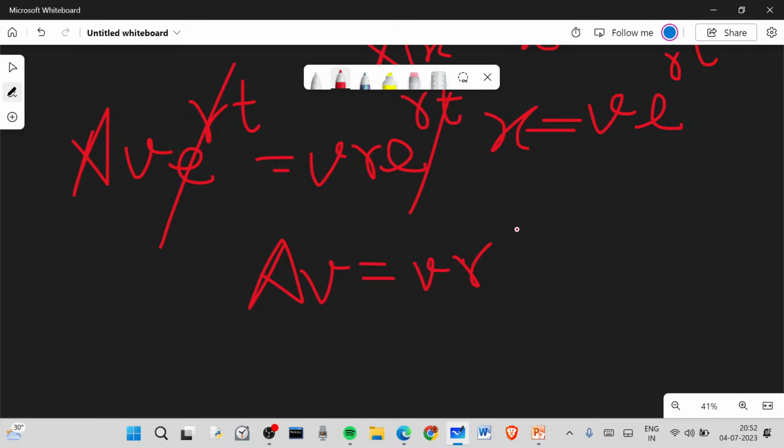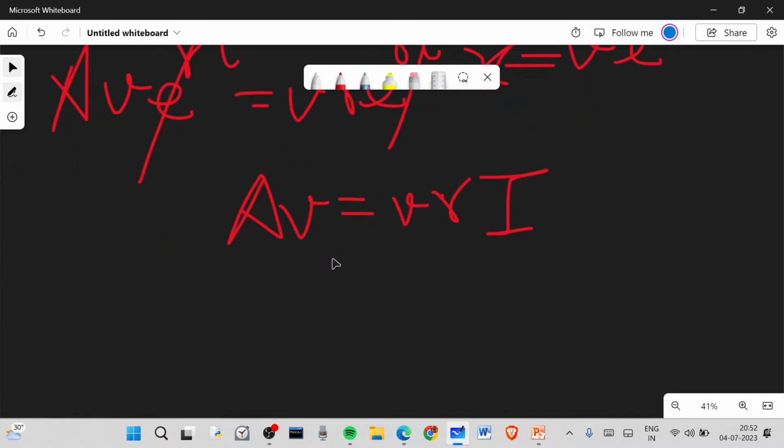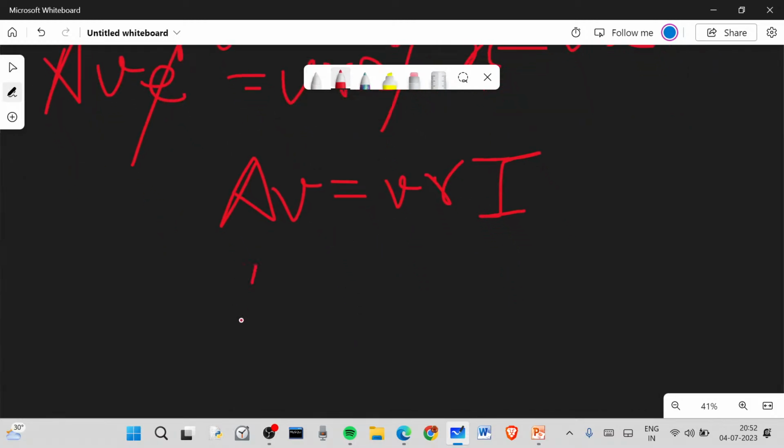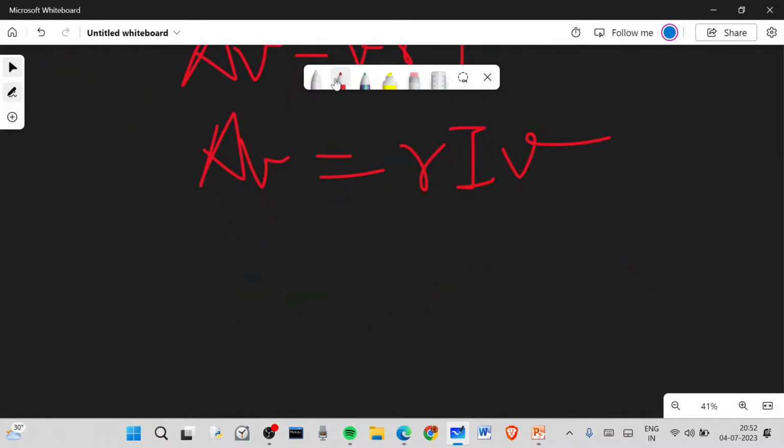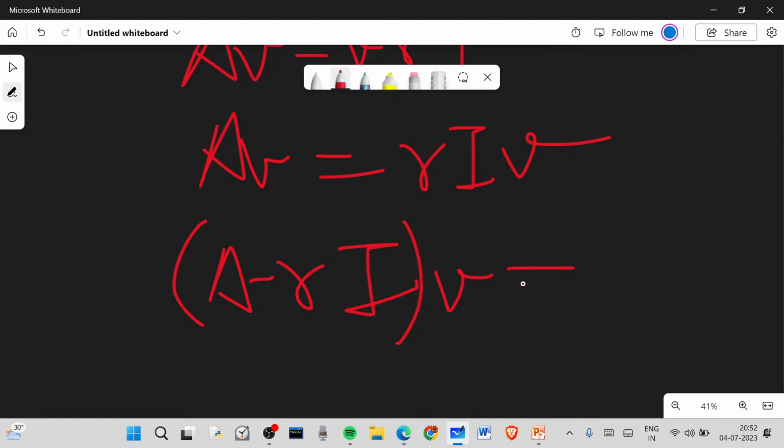And here r is a scalar, so of course it means I is multiplied; it doesn't even matter. So I can write I whenever I wish to, equals rIv. I hope you're convinced this is a simple thing, right? Now I'm taking it to that side and getting it like this: 0.